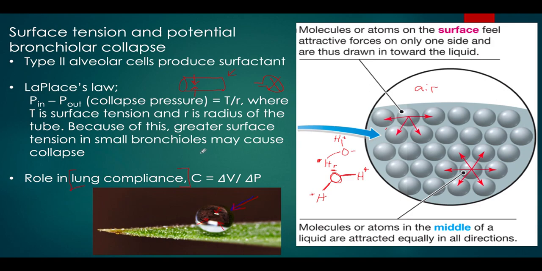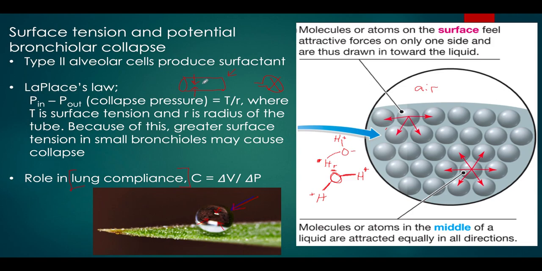Now, how do we know this is more important in bronchioles than it is in alveoli? Aha, because experimentally, if you take excised lungs from a dead animal, and you drop the intrapulmonary pressure to the point at which the lung starts to collapse, guess what? You end up with air trapped in the alveoli because the bronchioles collapsed.